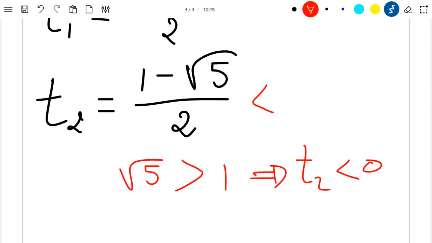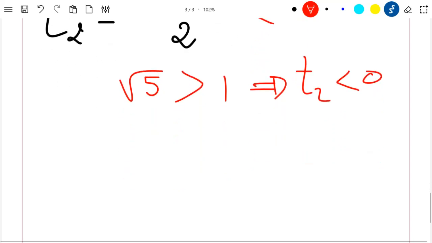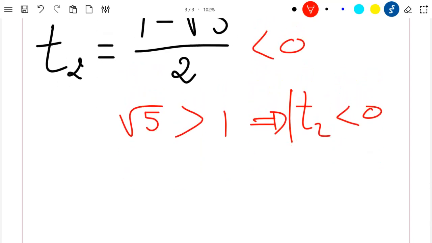Okay, so the solution is negative. Let's just keep this for now. I have my t1 and my t2.